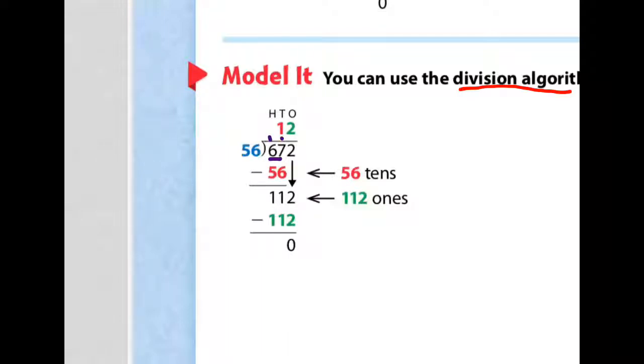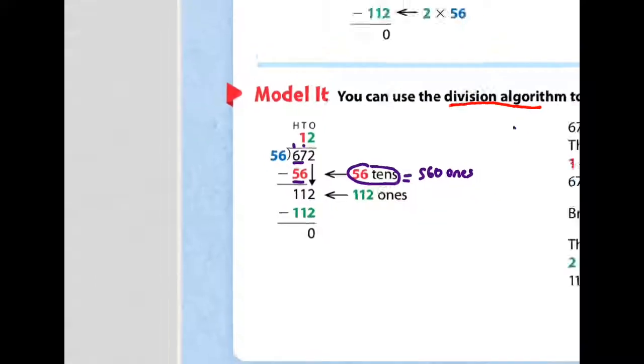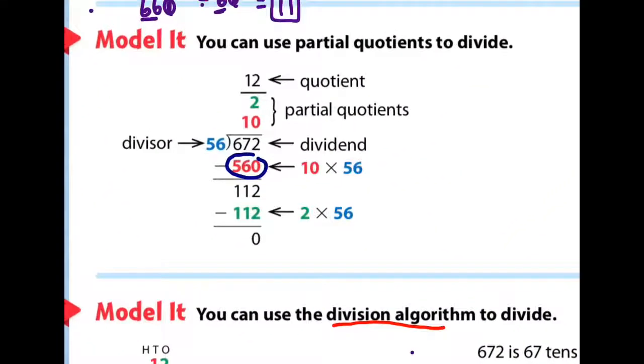So that's actually 67 tens. So this 56 isn't 56, it's 56 tens. And 56 tens equals 560 ones. You just add the 0 on the end of the 56. So in the partial quotients, you actually just show the whole 560 ones.